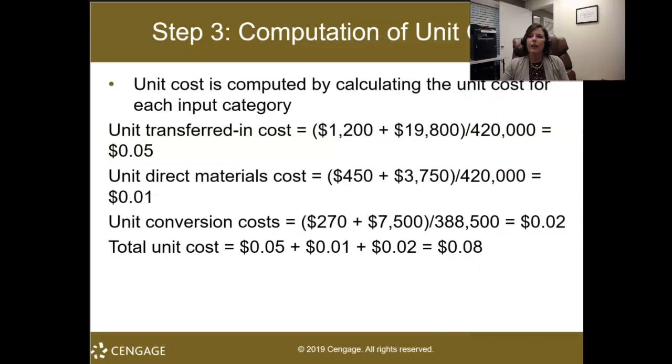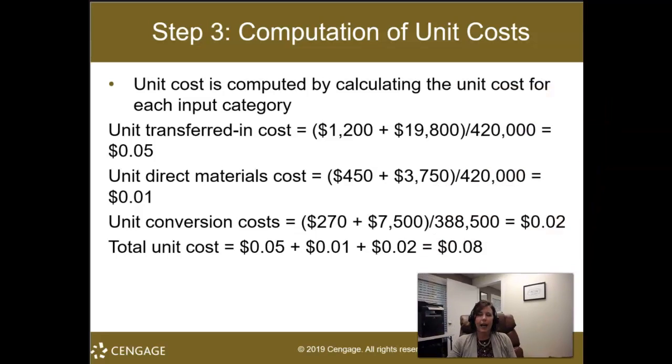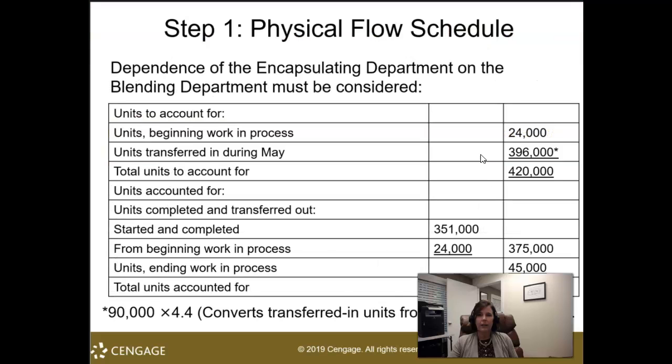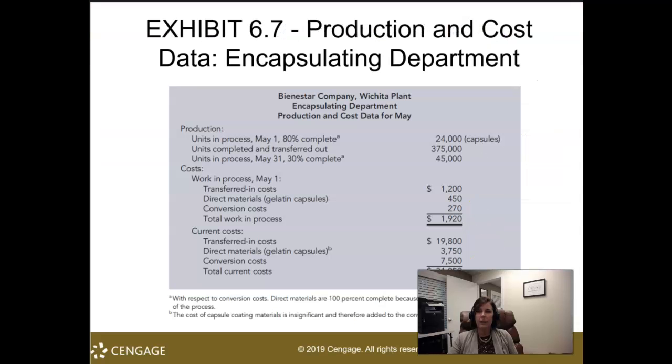And now we need to start costing this out. So back to our units transferred in, and just remember we've got this denominator here for both of these next two calculations of $420,000. So I'm going to go back to our data to see where we get those numbers.